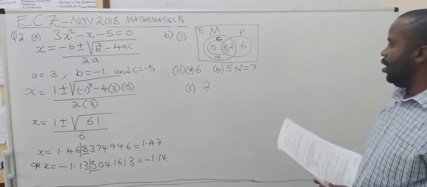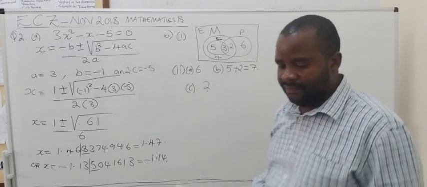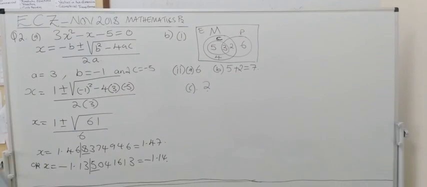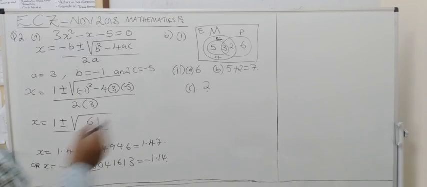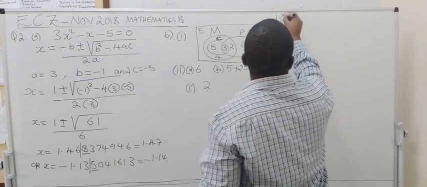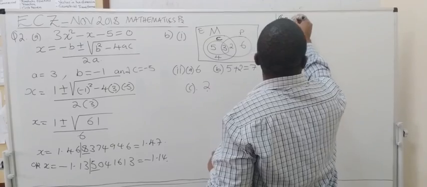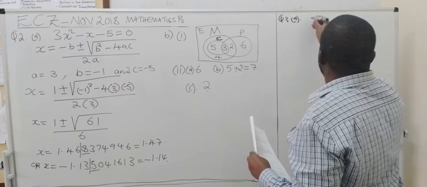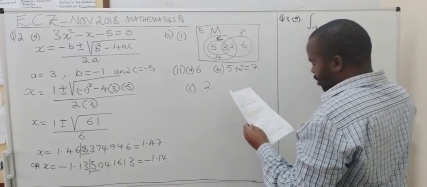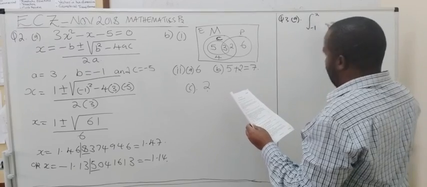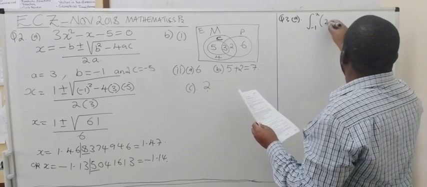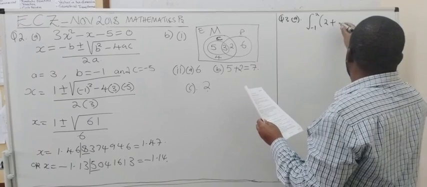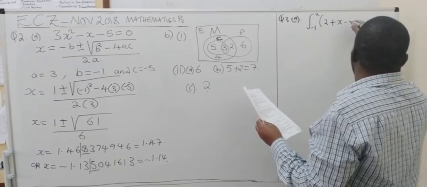Okay. Then we go to question 3. Okay, let's deal with question 3. A. Evaluate the integral from -1 to 2 of 2 plus x minus x squared.